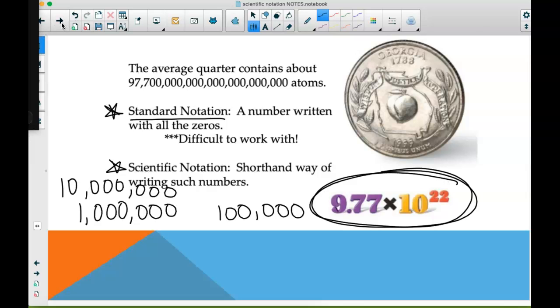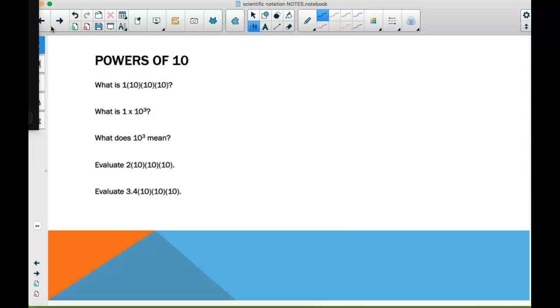So, we're going to start by talking just about powers of 10. I don't need you to write this in your notes or anything. I just want you to follow along, and maybe be willing to unmute yourself and answer some of these questions. What is 1 times 10 times 10 times 10? If we used a calculator, we could figure that out, but 1 times 10 times 10 times 10 is 1,000.